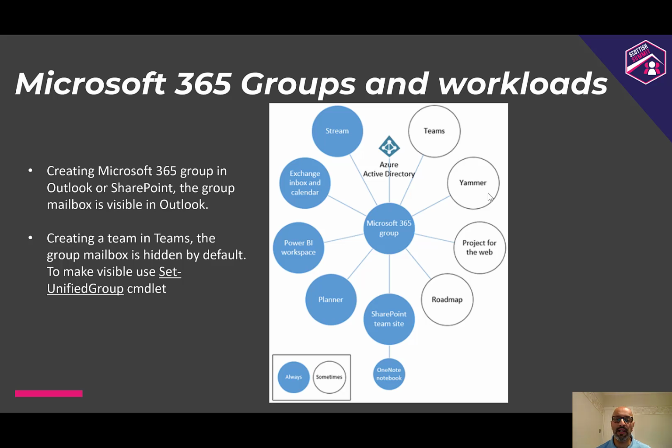These are some of the dependencies, so that if you do create a team, or even if you create a plan, it will create a Microsoft 365 group, as well as being able to take advantage of other services in Microsoft 365 and Power Platform, such as a Power BI workspace that you can have set up for the existing team that you already have.